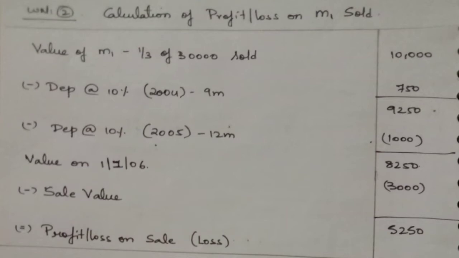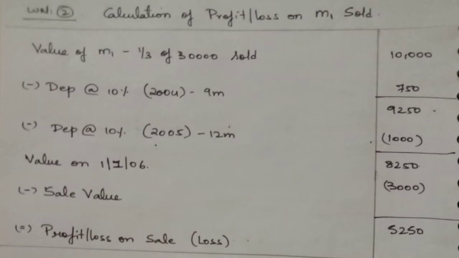Okay, so 10,000 rupees we are having since 2004. In 2004 we are having 10,000 rupees, but as on 31st December 2005 the amount will be changed, right? The amount will get changed because of the depreciation. So for this 10,000, calculate the net amount as on 31st December 2005. Then you need to take the depreciation for the year 2004, that is for 9 months, and depreciation at the rate of 10% for the year 2005, that is for 12 months.